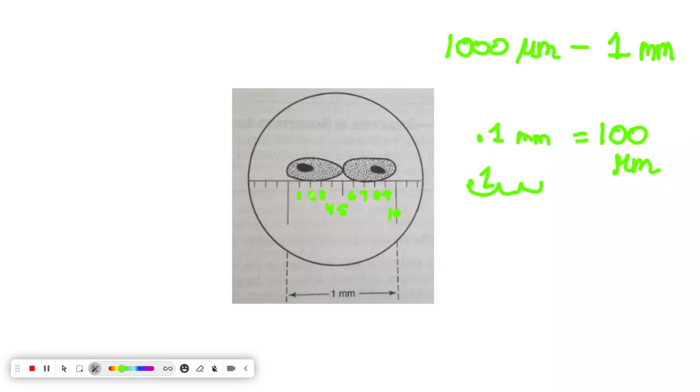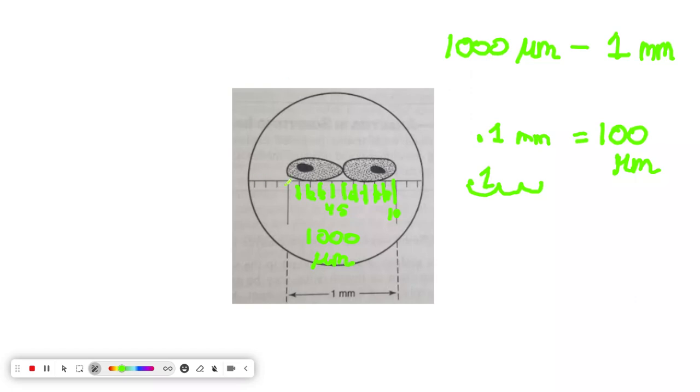And so we can look at this. Each slash then is 100 micrometers. We have 100, 200, 300, 400, 500, 600, 700, 800, 900, 1,000 micrometers, which we know already. But what is the field of view? Each slash now is 100 micrometers.